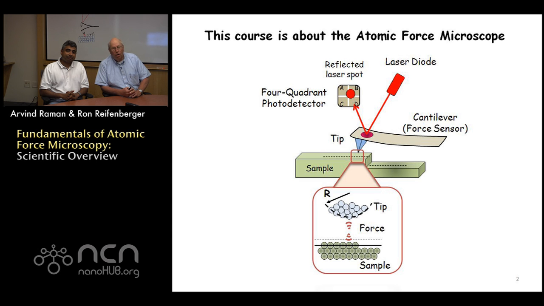So as you probably know, the AFM contains many different components. And to properly use this instrument really requires you to have some understanding of many different areas of science and engineering. In this course, we intend to emphasize the link between nanotechnology and AFM. You need a broad background in science and engineering from many different disciplines in order to understand how this instrument works, in order to understand what the instrument measures.